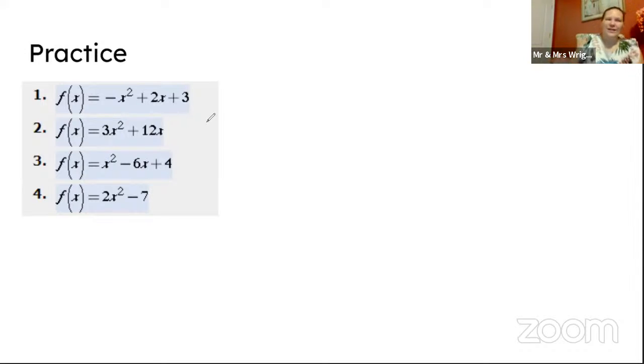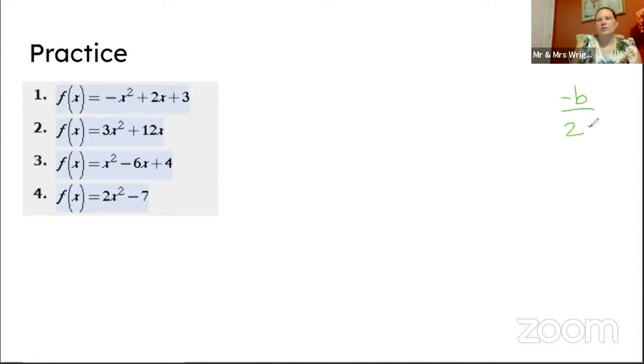Welcome back. So remember, our formula is -B over 2A, and that is our XV, the X value for the vertex. So we identify A is -1. And notice that negative there for the leading coefficient. Remember, those are some terms we talked about.